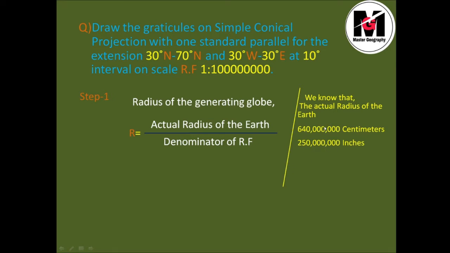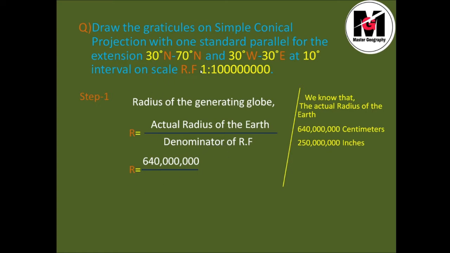I will draw this projection in centimeters, but if you want, you can draw it in inches. So r equals 640 million centimeter divided by the denominator of RF.